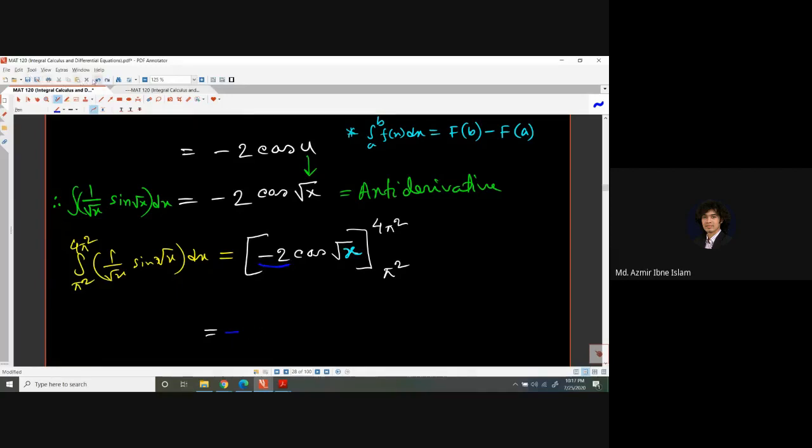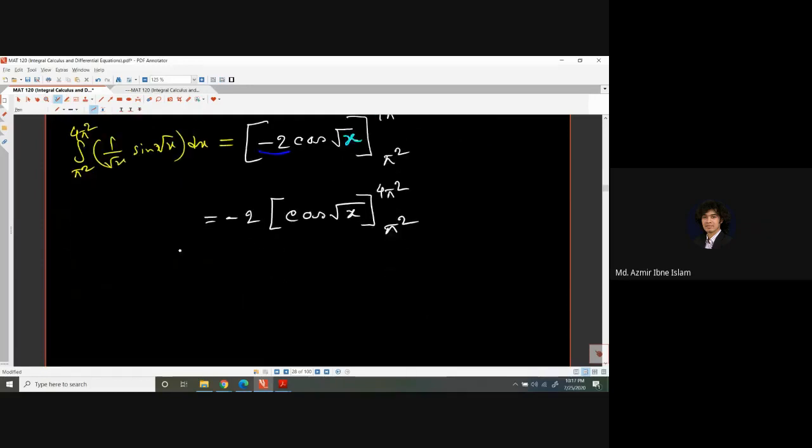So let's bring this negative 2 before this antiderivative or this square bracket. That will help us to calculate easily. Upper limit 4 pi squared, lower limit pi squared. So this is our input x.